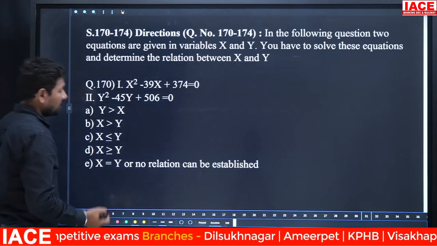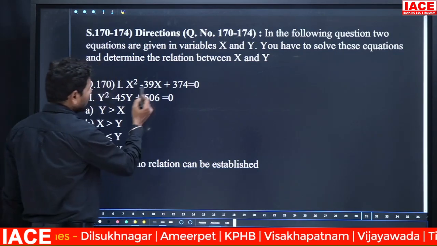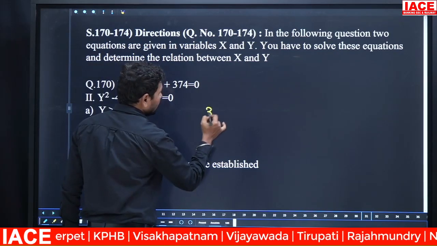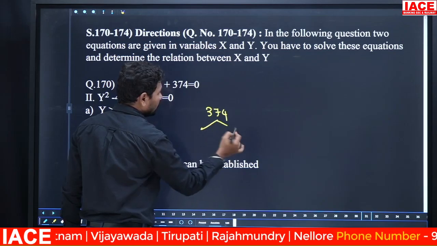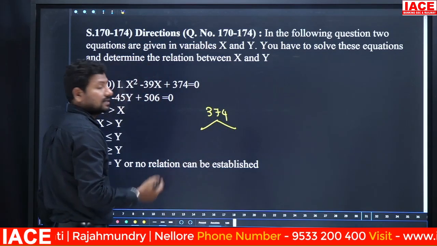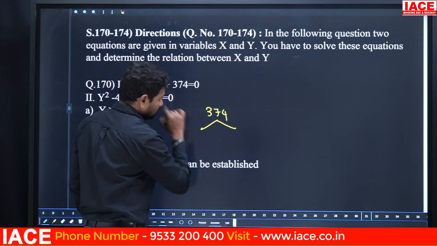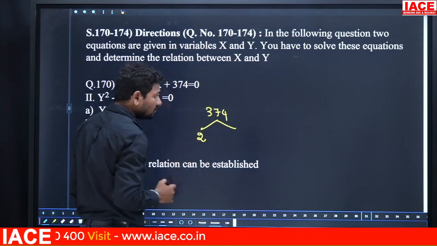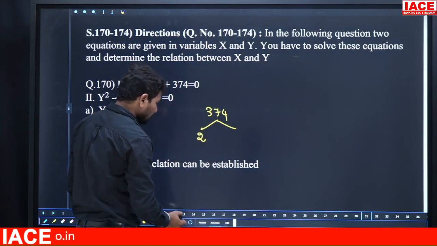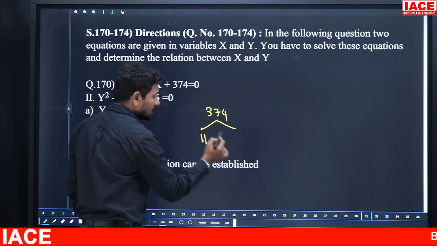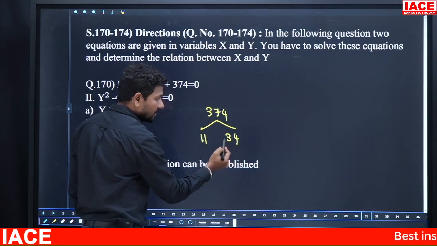Next we have quadratic equations. x square minus 39x plus 374. Here the bigger number is 374, and its factors are required. How do we take the factors of 374? Separate with 2 first, and before that it is a multiple of 11 basically: 11 3s are 33, 11 4s are 44, and 3 plus 4 is 7.